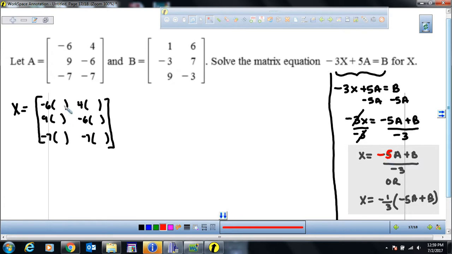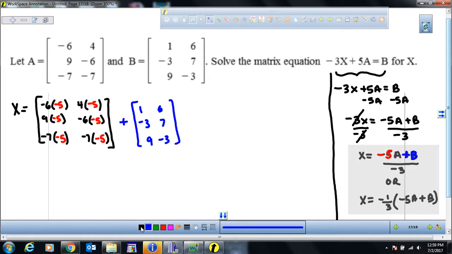That's the first thing we see here. Then what we're going to do next is add it to matrix B, which is 1, 6, negative 3, 7, 9, and negative 3.